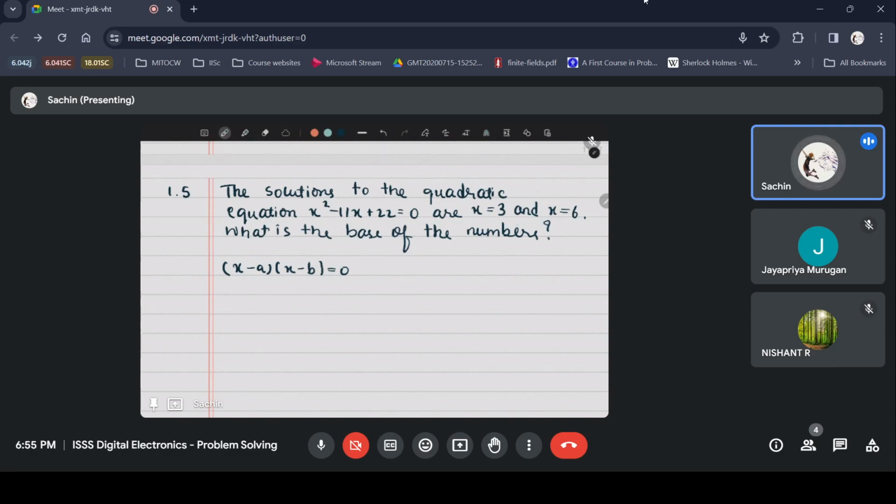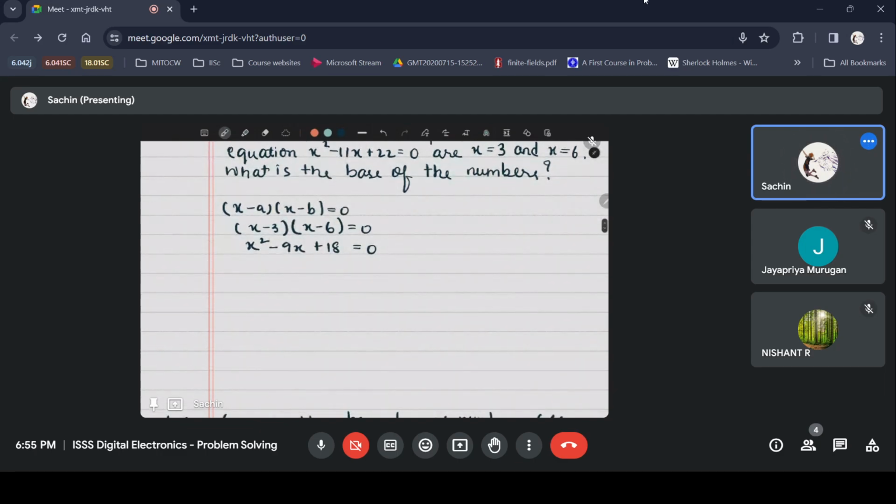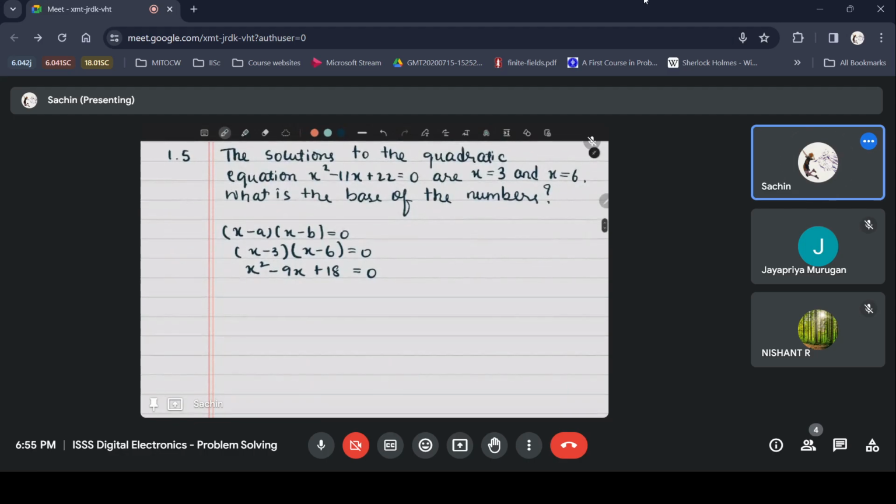And here they have given the roots as 3 and 6. So the quadratic equation is actually x minus 3 into x minus 6 equals 0. It is x square minus 9x plus 18 equals 0. So in base b, it's x square minus 11 base b x plus 22 base b is 0.